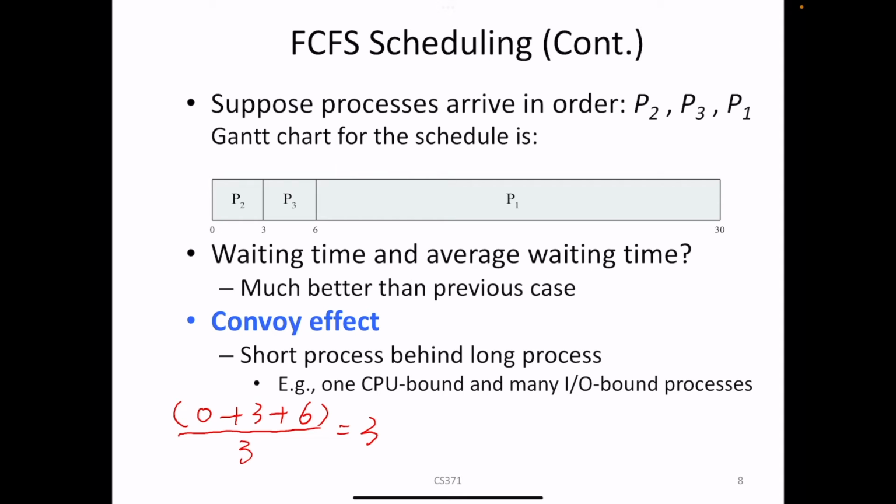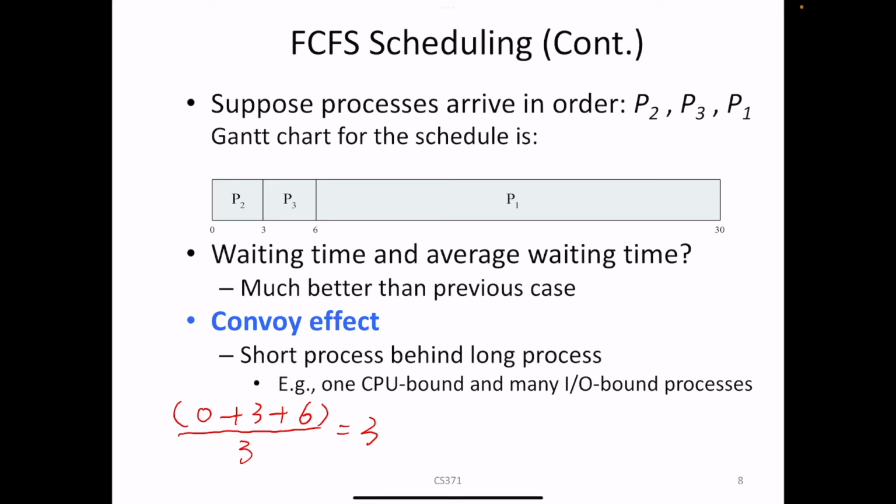So why can this phenomenon happen? It is related to the concept called the convoy effect. The definition of the convoy effect is that short processes arrive behind a long process. The meaning of this convoy effect is that when a process with a long CPU burst time occupies the CPU first, all other processes have to wait for this long process to be taken off the CPU.